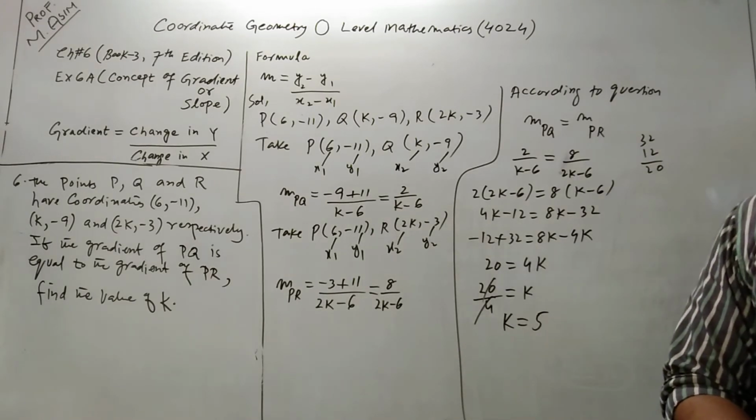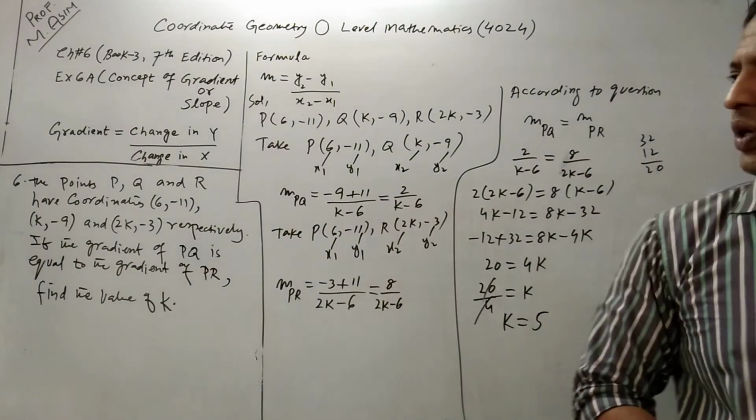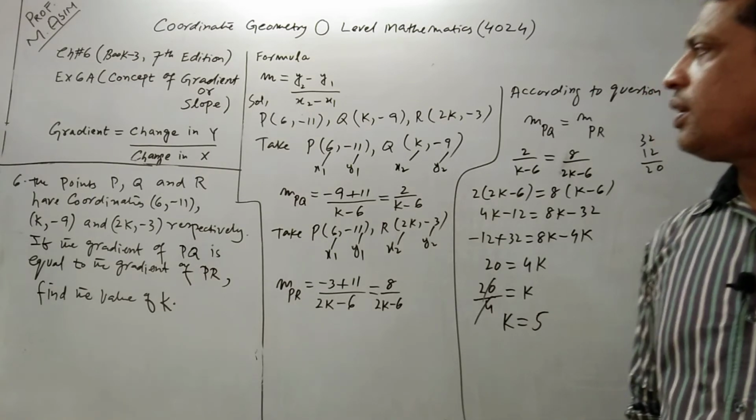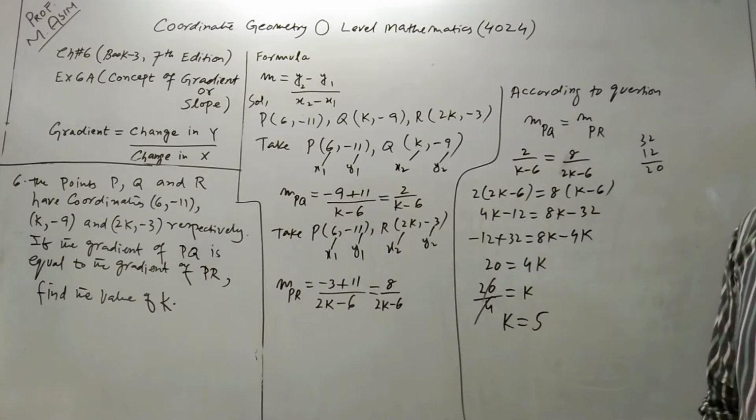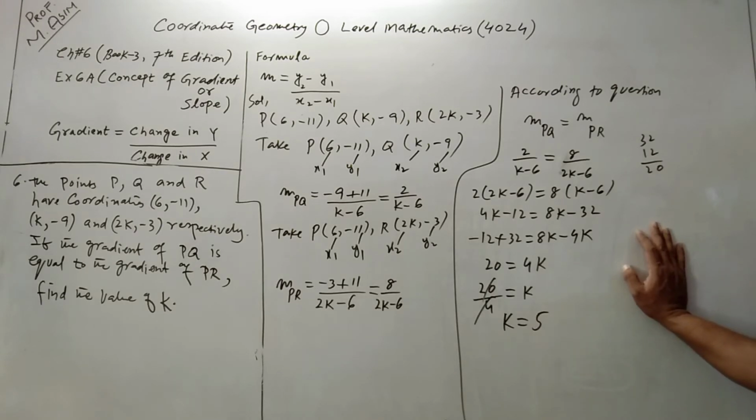(6, -11), (K, -9), (2K, -3). I am just checking all steps. For PQ: 11 minus 9 is 2, 2 upon K minus 6.